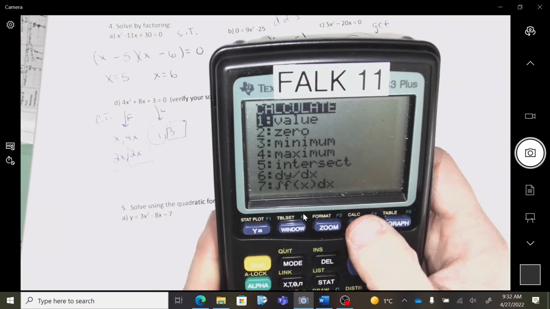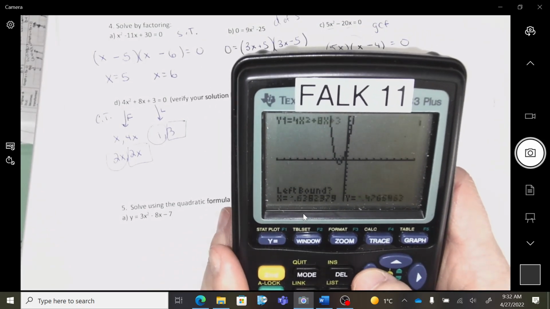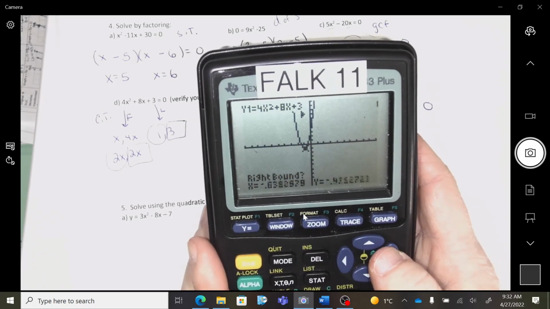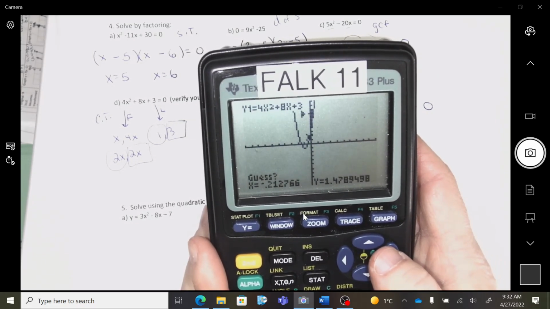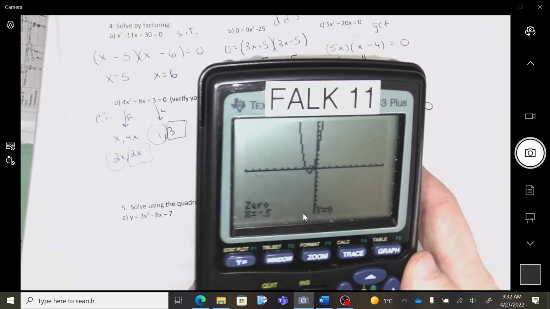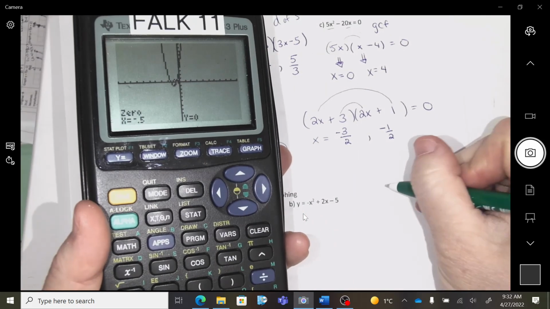Okay, I'm going to calculate the 0. Left, right. I got a -1/2, so that's good.